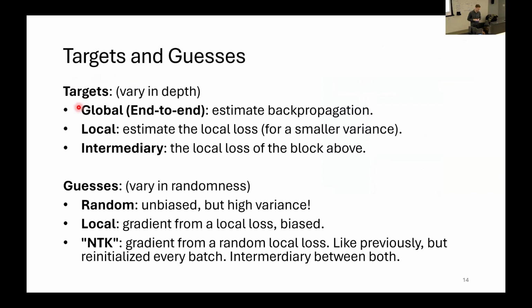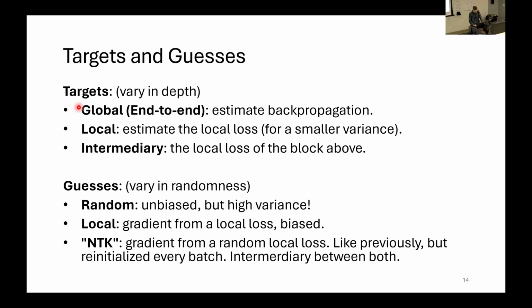If we say a local target, it means estimating the local loss directly, as René et al. did in a previous paper. In this case, the idea is just to have a smaller variance, an easier approximation, but it's a less interesting target, as we discussed. We also looked at an intermediary target, which is to look at the local loss, not of this block, but of the block just above. And of course, you can do this for any k, any value of the local loss.